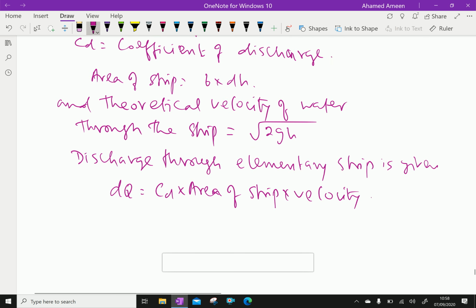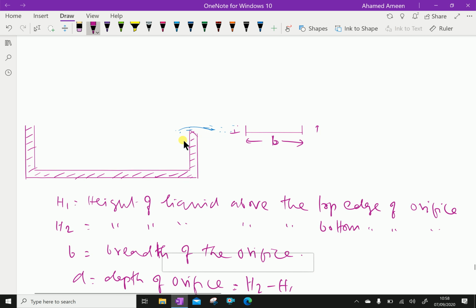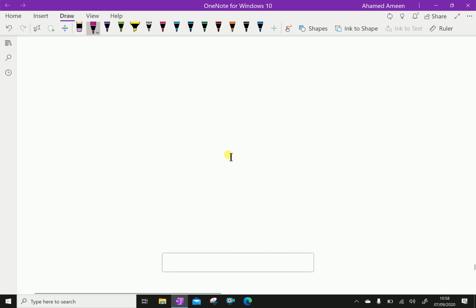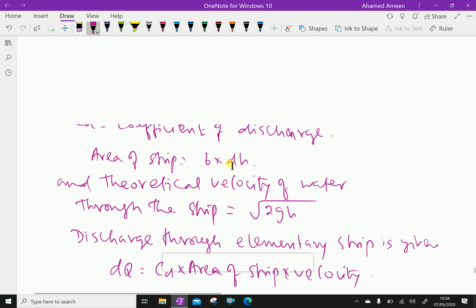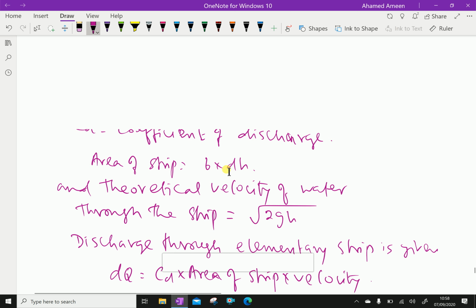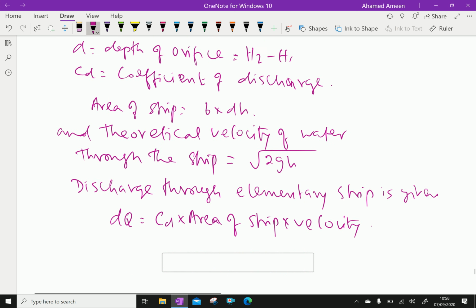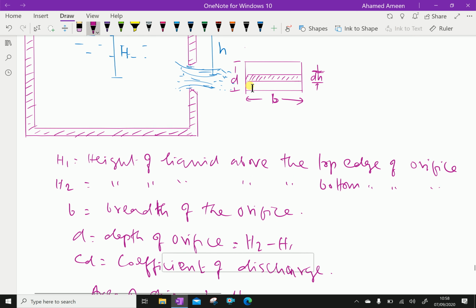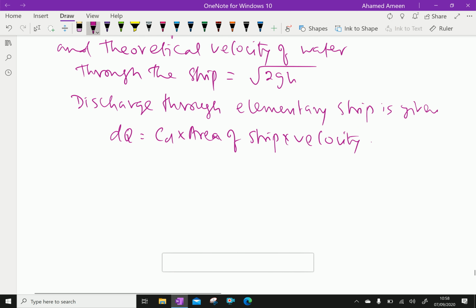That means dq is how much water is discharging through the area of this strip.